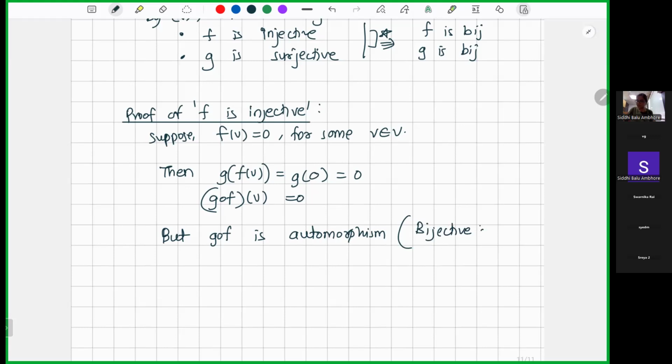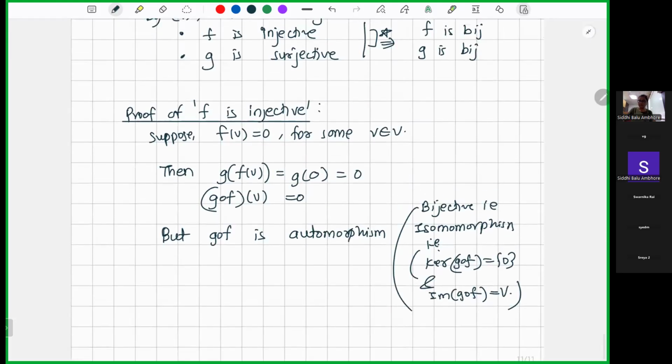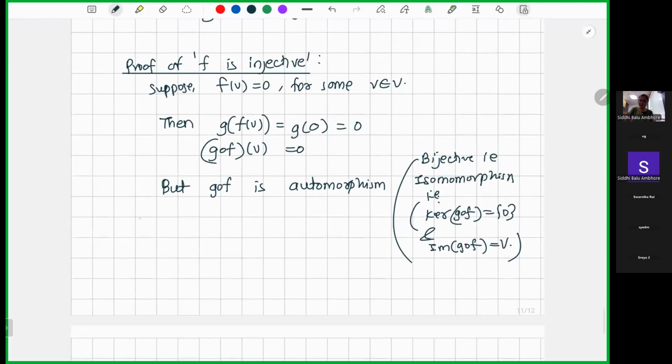That is, kernel of G composed F is 0 and image of G composed F is the entire V. Two things are happening, right? So the kernel is 0. This implies V belongs to the kernel of G composed F, which is just 0. So this implies V is 0.